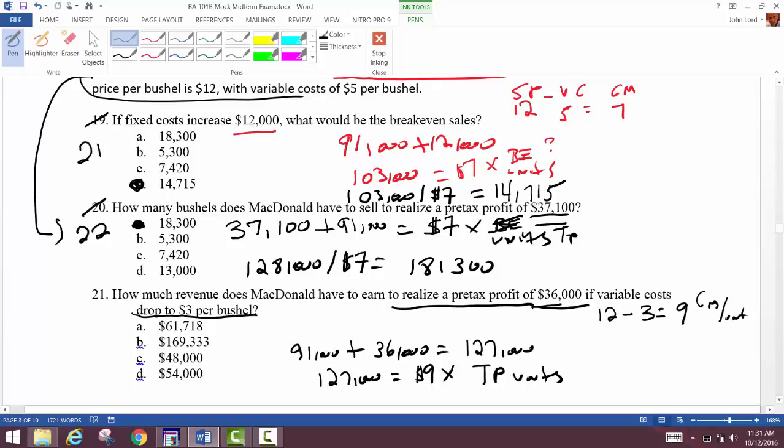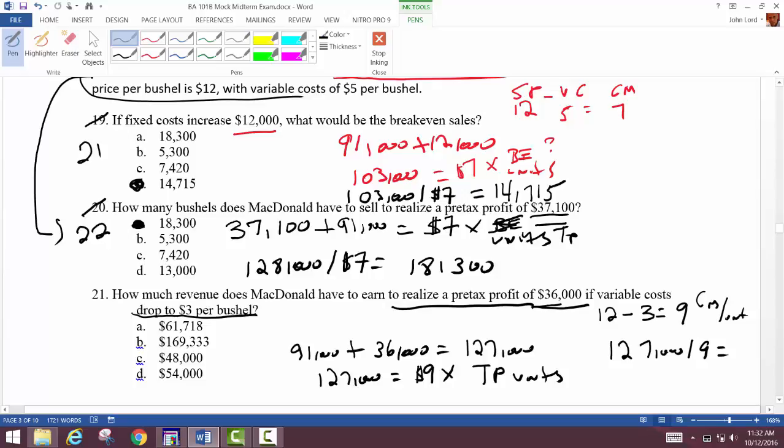I divide each side by the $9, so 127,000 divided by 9 gives me target profit units of 14,104 if you round up.